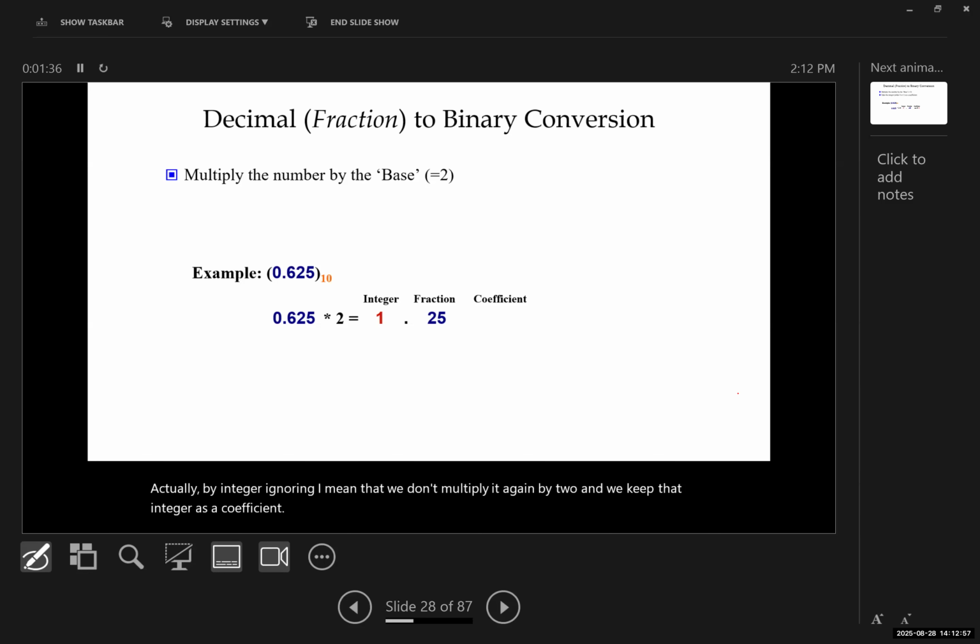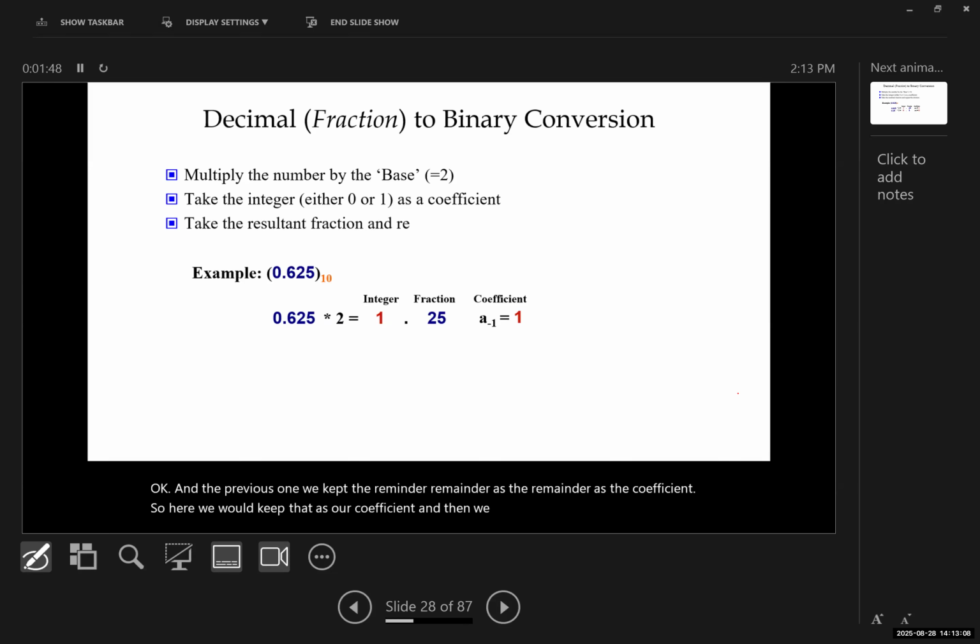In the previous one, we kept the remainder as the coefficient. Here, we keep the integer as our coefficient, and then we multiply the fraction again by 2. So the fraction is 0.25, we multiply by 2, we get 0.5.